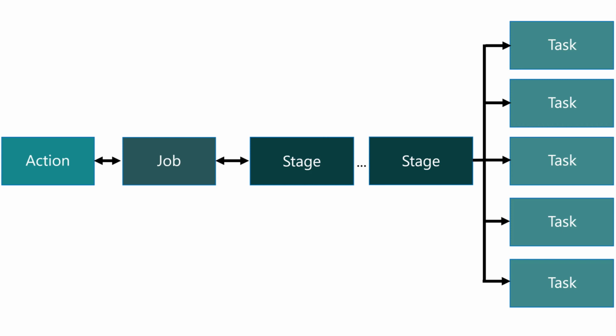So the Spark driver program analyzes the dependencies between transformations and creates an execution plan. Then it divides the plan into one or more jobs and further splits each job into stages. So we have jobs, then stages, and stages are split based on the dependencies between these transformations.